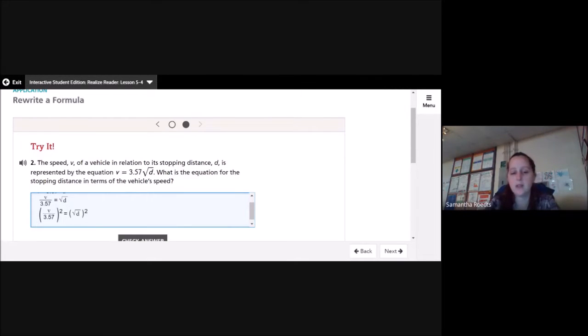So that gives me v squared over 3.57 squared, which gives me 12.7449. So d equals v squared over 12.7449.